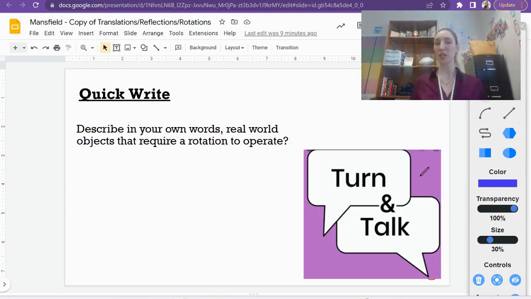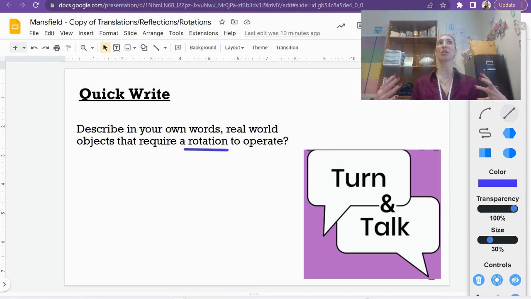Quick write. So here I'm going to give you a few minutes to try this one. I'll give you an example, but I would like you to pause this video later on and try your own, okay? So the question here is, describe in your own words real world objects that require rotation to operate. We are done reviewing. We are starting rotation, our new topic for today, okay?